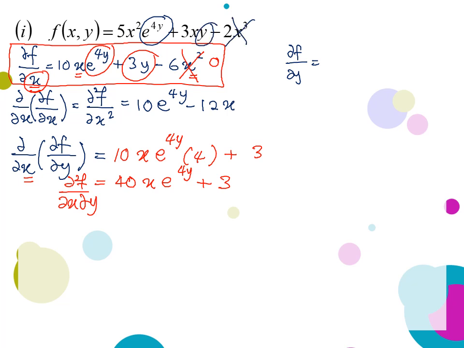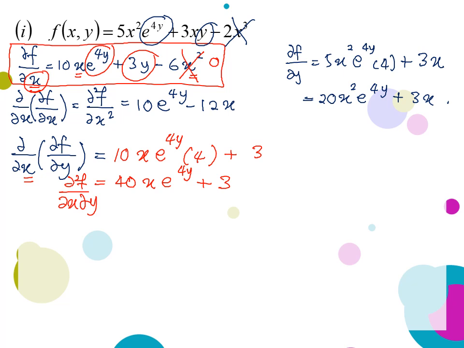So what you got is 5x squared exponent 4y times 4 plus 3x only. This is the first order that we got just now from the previous slide, right? I do it one more time so that you can see directly what will happen when you perform the second derivative. So you have 20x squared exponent 4y plus 3x.